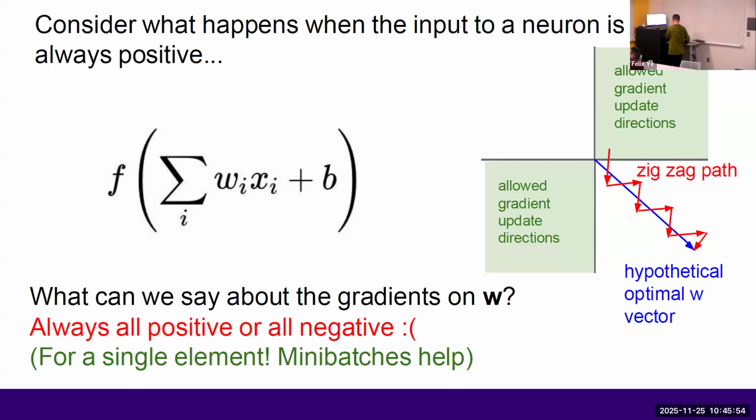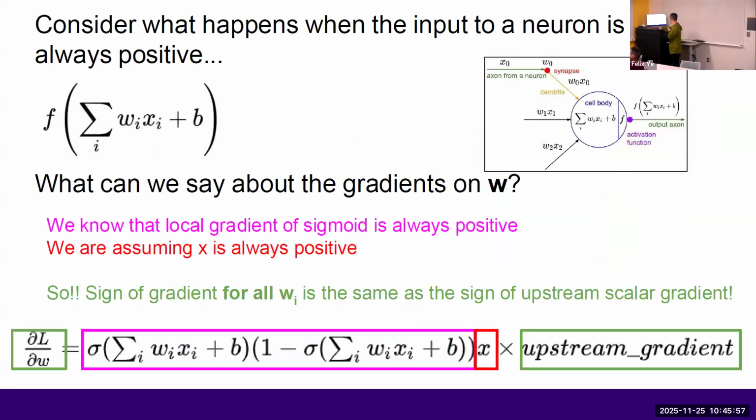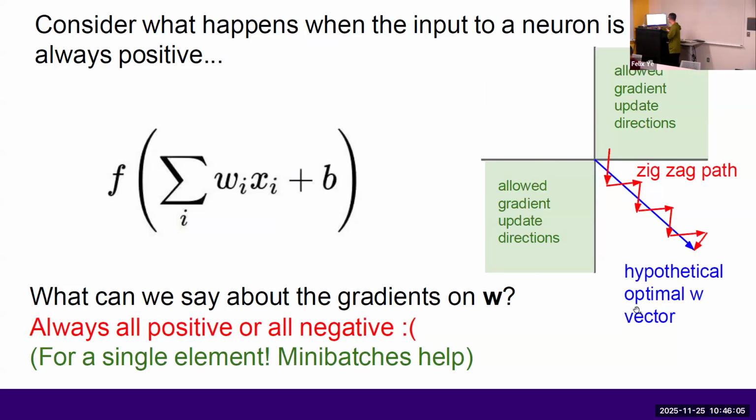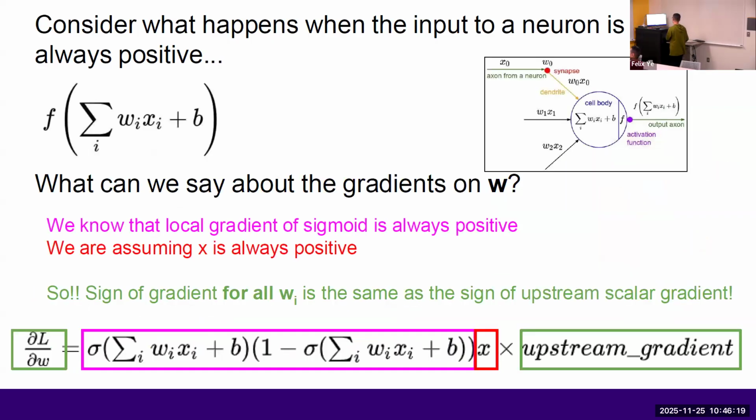If we have one single element, this upstream gradient is exactly a scalar. Then you will always have the all-positive or all-negative problem. Of course, if you have mini-batches, you can have positive and negative parts.